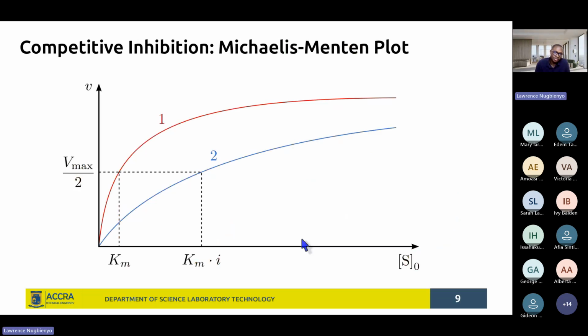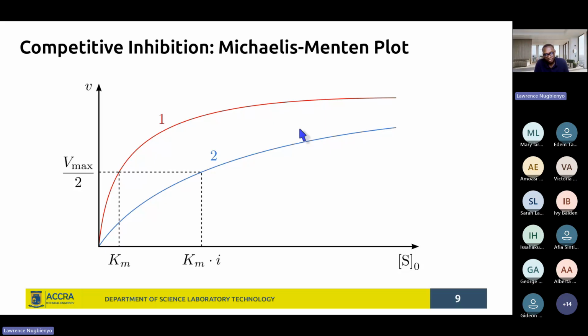Now that competitive inhibition, we can represent it with a Michaelis-Menten plot or the Michaelis-Menten kinetics, such that if you look at these two curves, the red curve represents a normal enzymatic reaction, uninhibited. There is no inhibitor in that reaction.